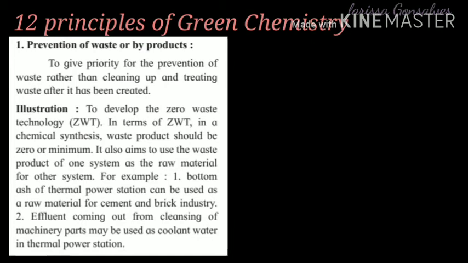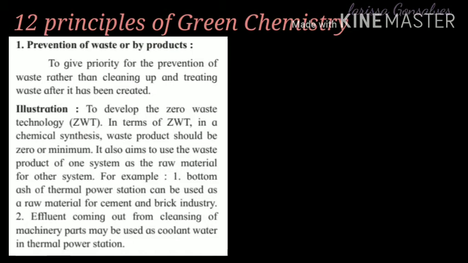In order to develop the ZWT, that is zero waste technology, waste products should be zero or minimum. ZWT also aims to use the waste product of one system as raw material of another system. Like the bottom ash of thermal power station can be used as raw material for brick and cement industry.